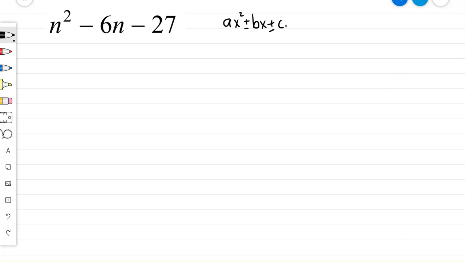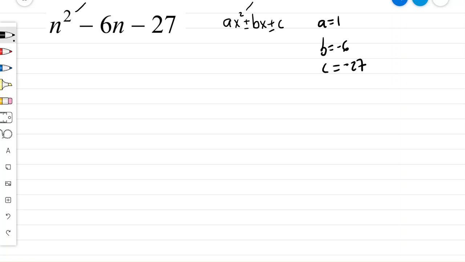Well, in this example, a is equal to 1, b is equal to negative 6, and c is equal to negative 27. And it has a squared as the highest power. Therefore, it is a quadratic trinomial with ABC.